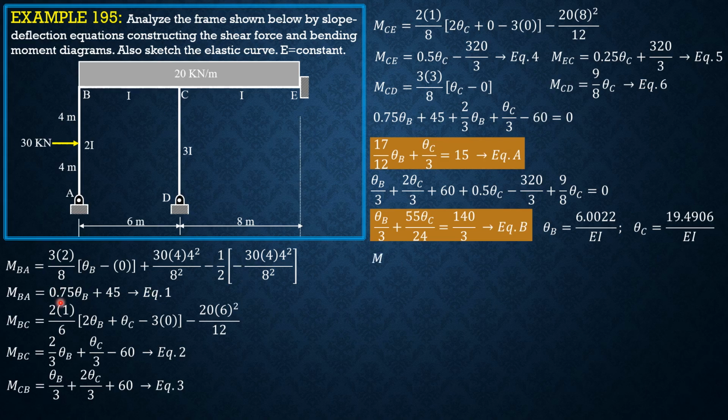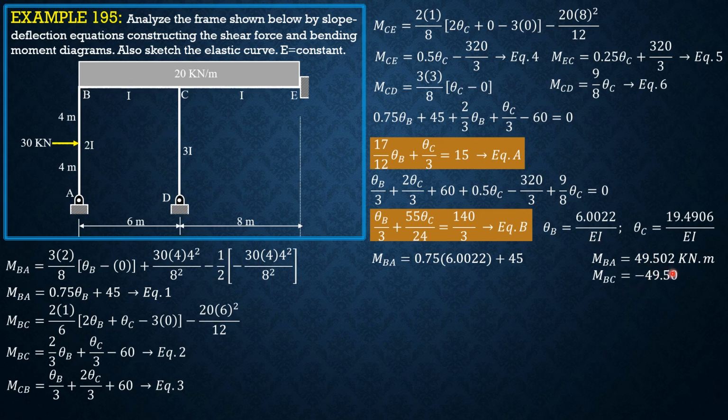So moment BA is 0.75 of 6.0022 plus 45. So moment BA is equal to 49.502 kilonewton meter. Moment BC therefore is the negative of this value, so there's no need to compute.